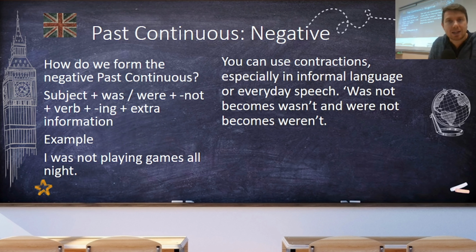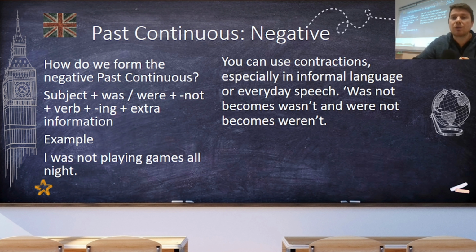Now, a little bit of extra information again. You can use contractions. We talked about contractions in past simple negative, and now we're going to do the same thing with past continuous. So contraction is where we take letters out. So here, in everyday speech, was not becomes wasn't.